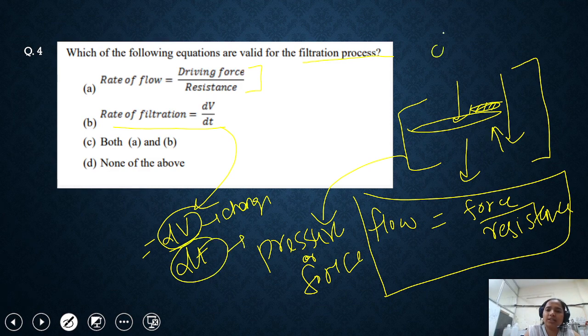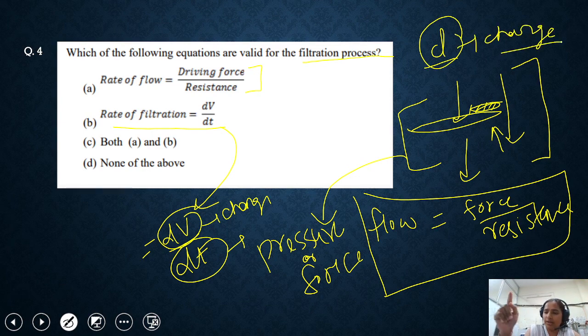Wherever you get this d, that differentiation d is mainly representing the change. So rate of filtration can be defined in both ways, like this is dV by dt, and rate of flow is equal to driving force by resistance.